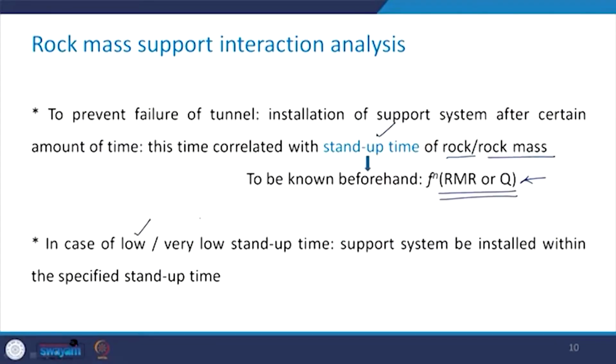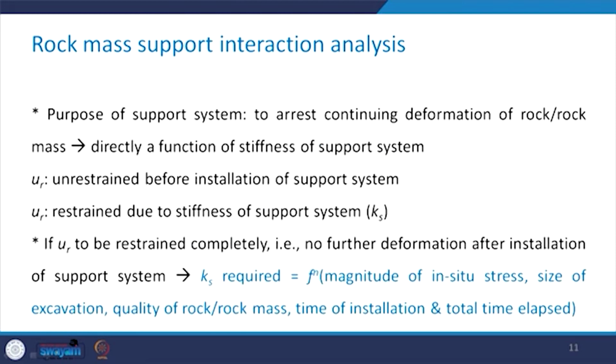There were various tables which were available. Now, in case of low or very low values of the stand up time, the support system need to be installed within the specified stand up time.